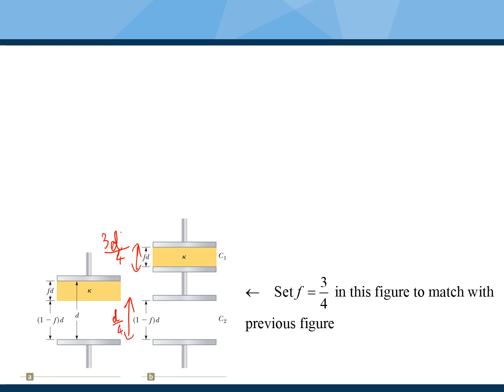Then we can say that the capacitance C1 is a parallel plate capacitor that is entirely 100% filled with dielectric having a dielectric constant kappa. So C1 is equal to kappa times epsilon naught times the area of the plates, A, divided by 3d over 4, which is the distance between the plates for C1.